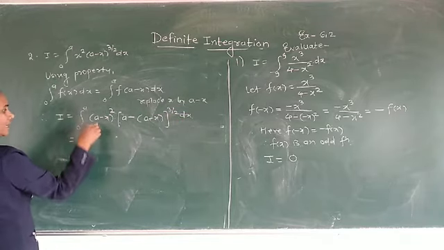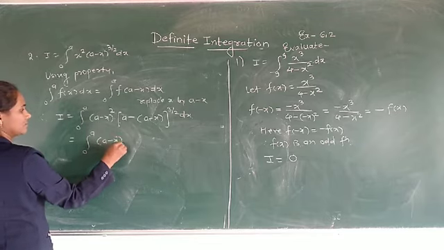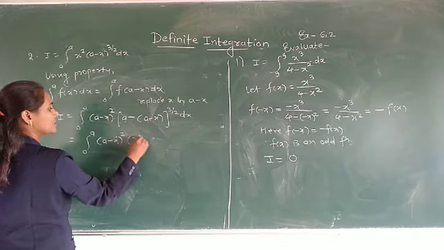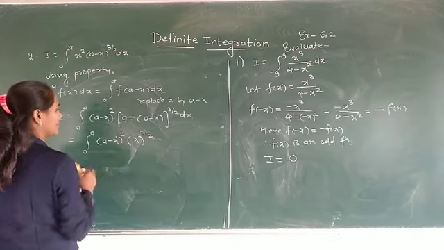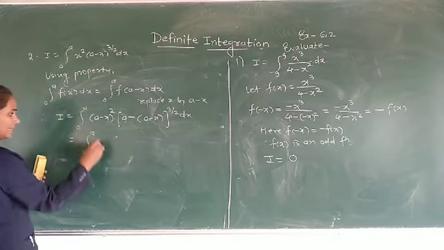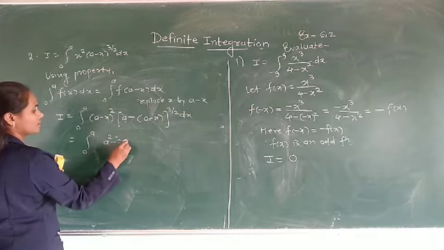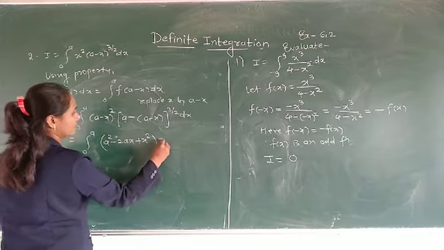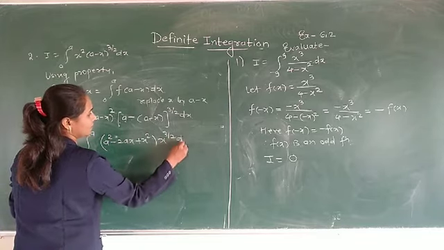Integration 0 to a, (a minus x) square as it is. Here a minus a will get cancelled, and minus minus is plus x raised to 3 by 2. First we expand the bracket: a square minus 2ax plus x square, and here we will get x raised to 3 by 2 into dx.